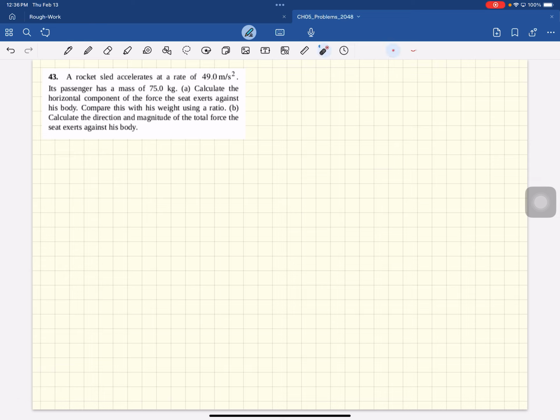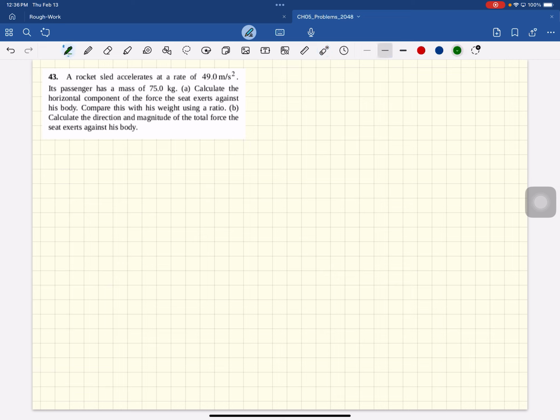All right. The next problem says, a rocket sled accelerates at a rate of 49 meters per second squared. Its passenger has a mass of 75 kg. Calculate the horizontal component of the force the seat exerts against his body. Compare this with his weight using a ratio.